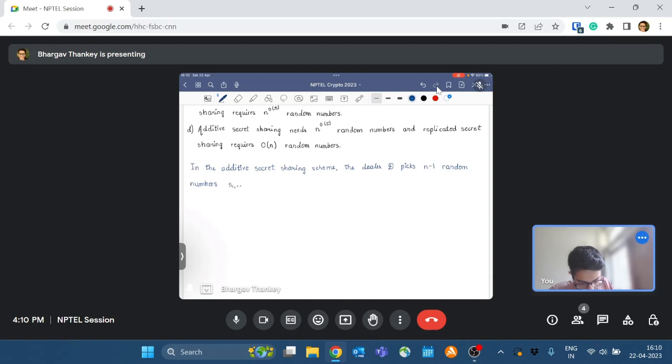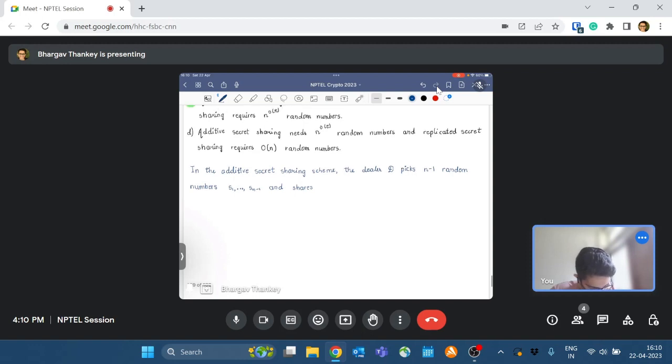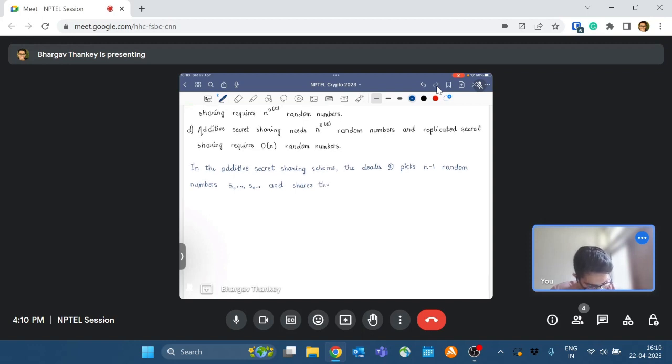Let me call these S1 to Sn minus 1, and shares these numbers as the secret shares of the parties P1 to Pn minus 1.